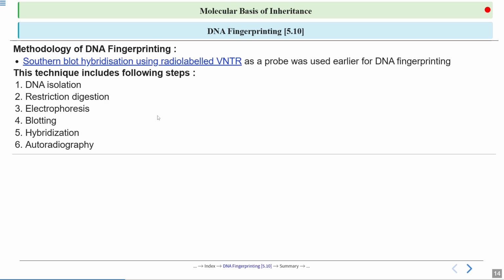We identify this specific DNA sequence using a radio label, using radio-labeled VNTR, variable number of tandem repeats, which we studied in the previous slide, as a probe. The steps involved are given in front of you. Now I will make you understand each and every step.